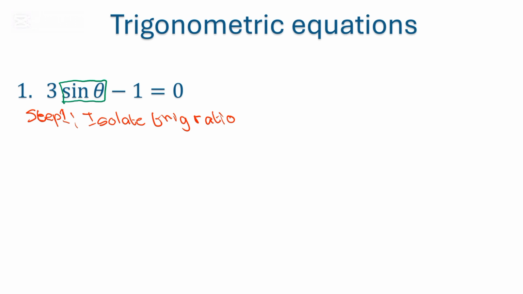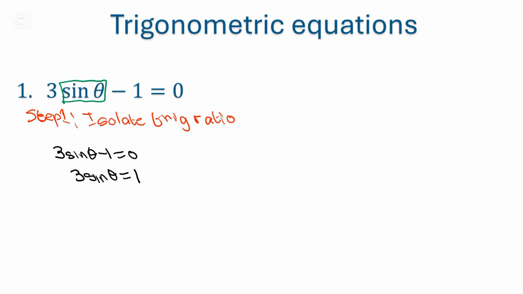So how do you isolate your sine theta? You're given 3 sine theta minus 1 equals 0. The first thing you can do is take 1 to the other side. So 3 sine theta is equal to 1, because every time you take something to the other side, it changes its sign.